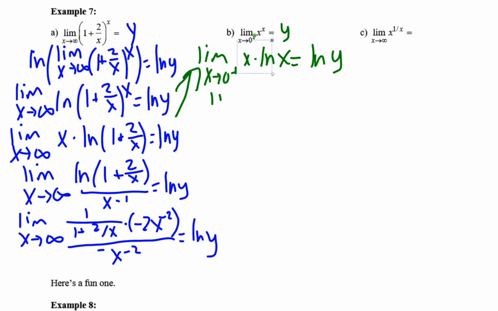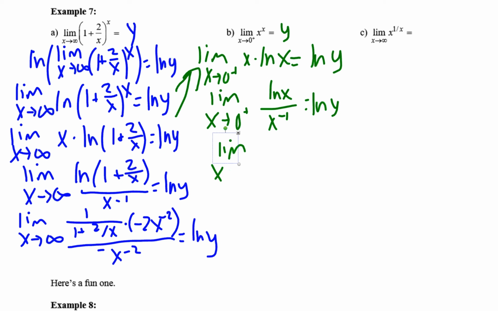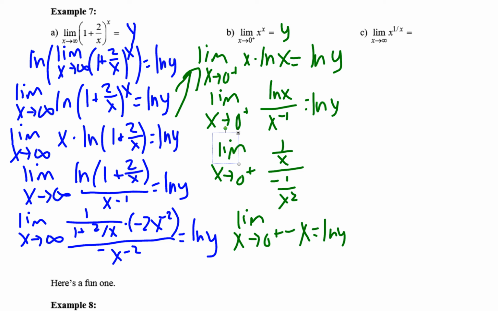I need to write this as a fraction so I can use L'Hopital's rule. 1 over x, negative 1 over x squared. If I multiply both by negative x squared, I would get x, negative x. So 0 equals ln y. E to the 0 equals y, which is 1.